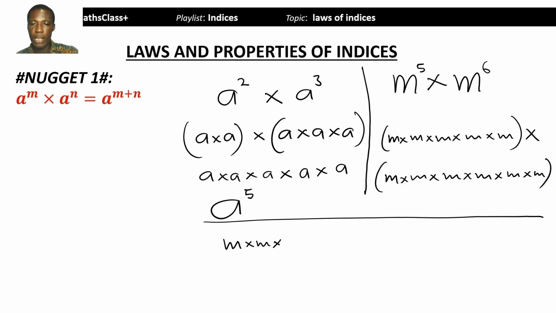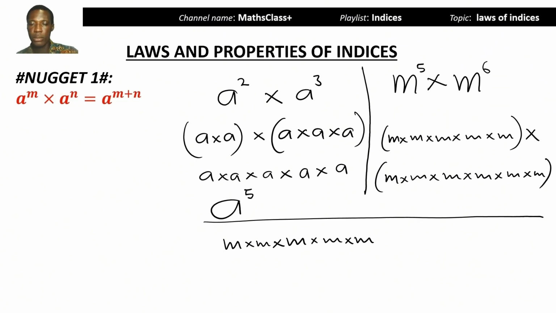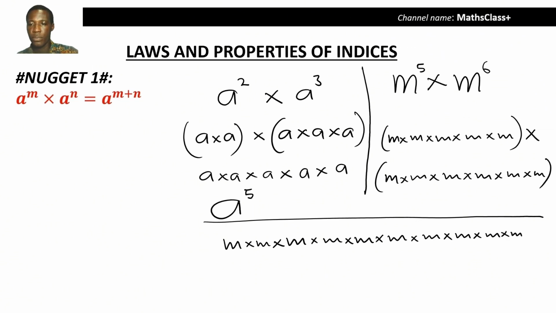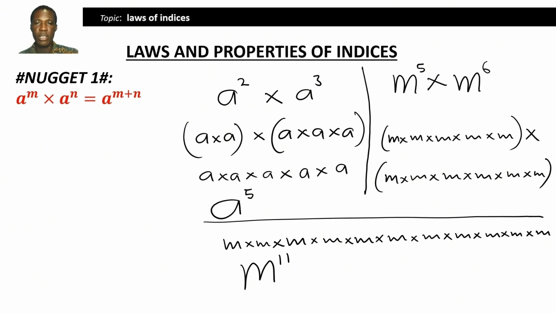So this is 5 making up the first set, and this is 6 making up the second set. So all together, if you write it in index form, we are going to obtain m to the power 11.